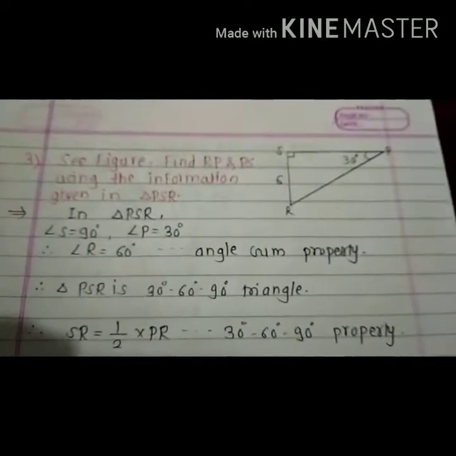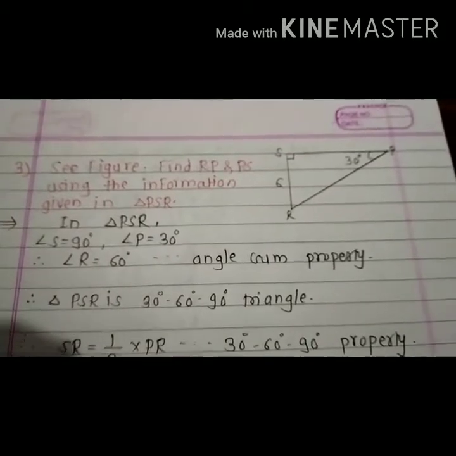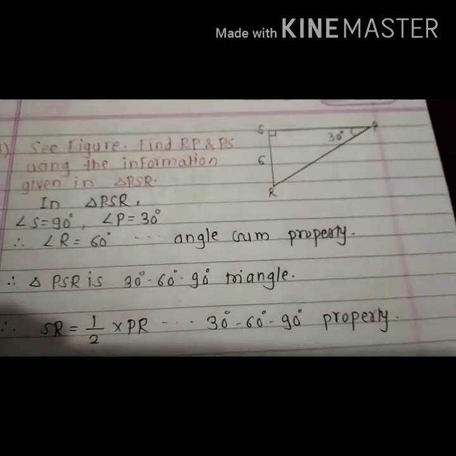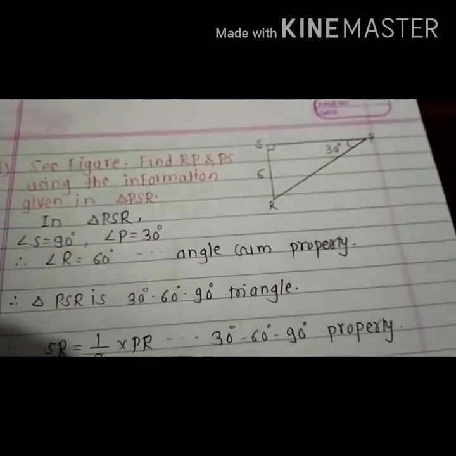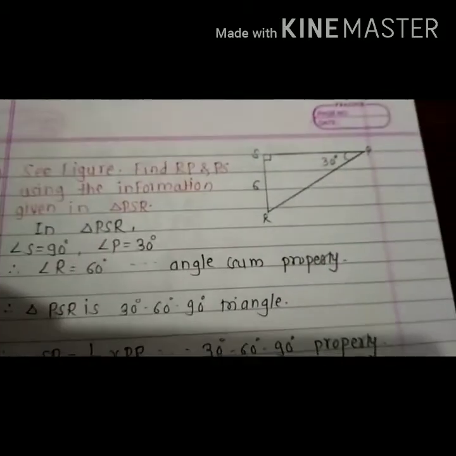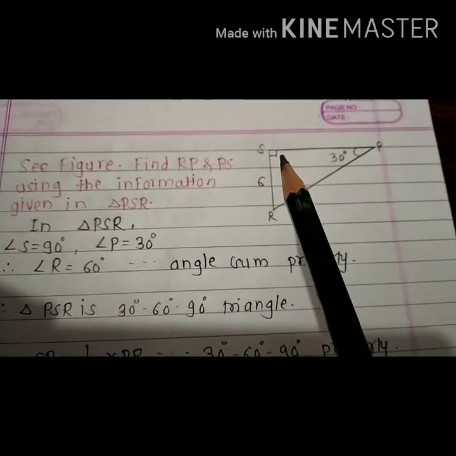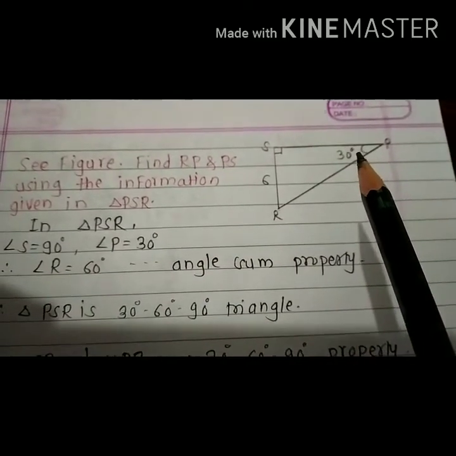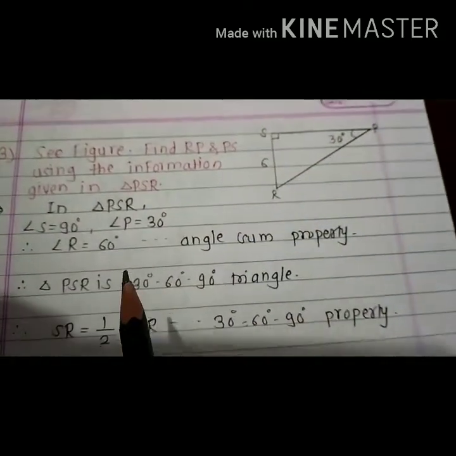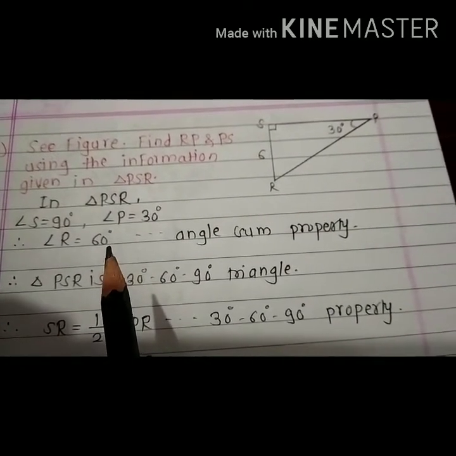Now next example is, see figure, find RP and PS using the information given in triangle PSR. In triangle PSR, angle S is equal to 90 degree, angle P is equal to 30 degree. Therefore, by angle sum property, angle R is equal to 60 degree.